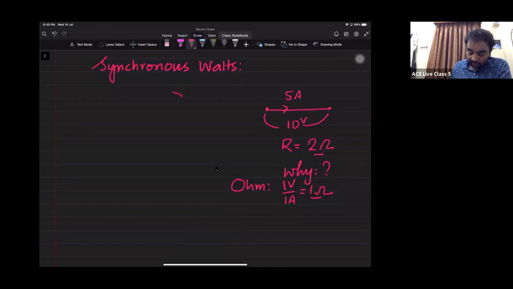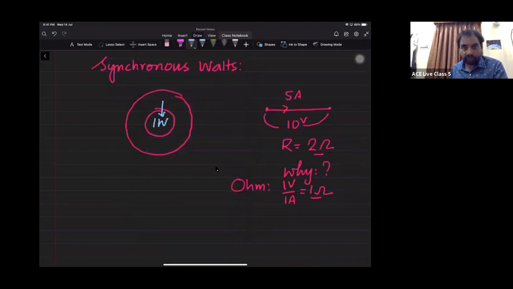See, I have an induction motor, with a stator and a rotor. From stator to rotor, a power of 1 watt is coming when the field is rotating at synchronous speed.